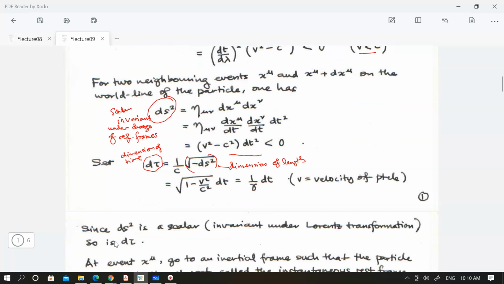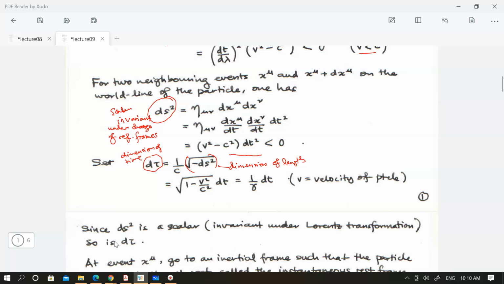The relationship between this variable tau, which has the dimension of time, and the time coordinate is just given by this.